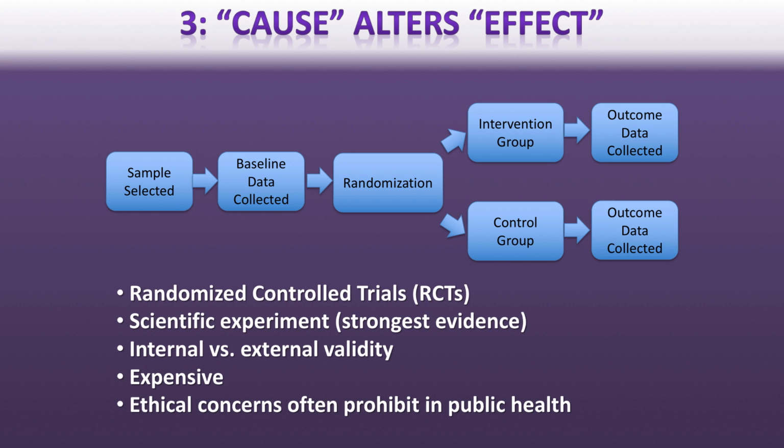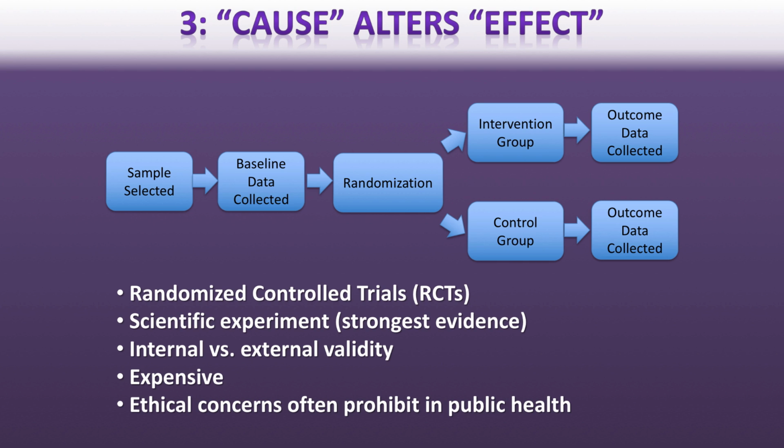But what's the problem with this when it comes to public health concerns? Well, if we think that smoking is something that's bad for your health, would you really want to design an experimental study where you tell a whole bunch of people in your intervention group that they have to smoke? Well, no, you wouldn't want to do something where you could actually harm your population, right? And that's the case for a lot of public health concerns.